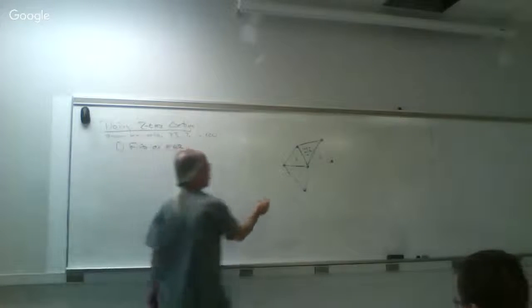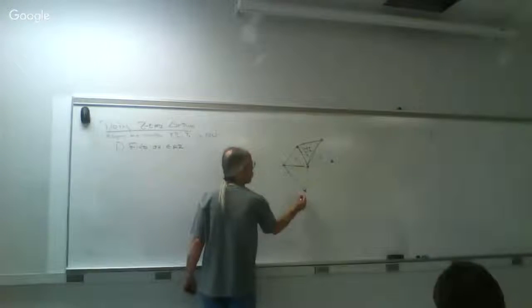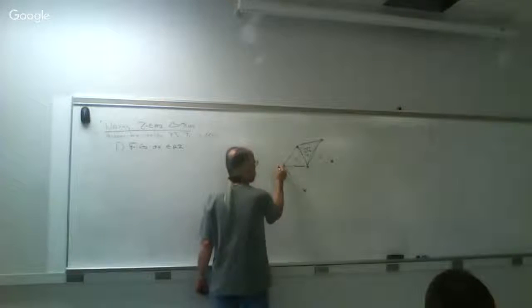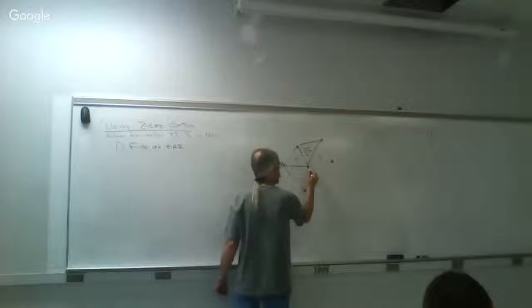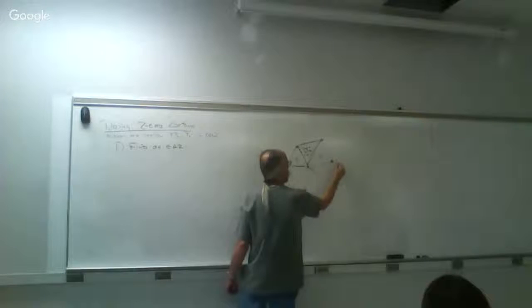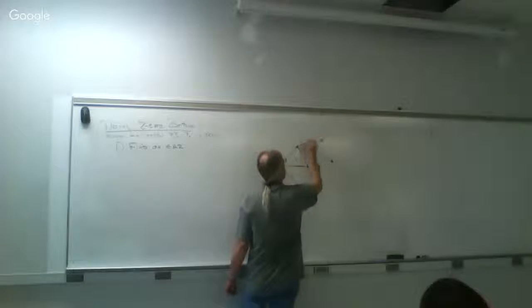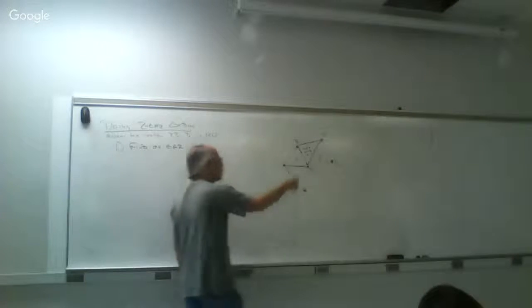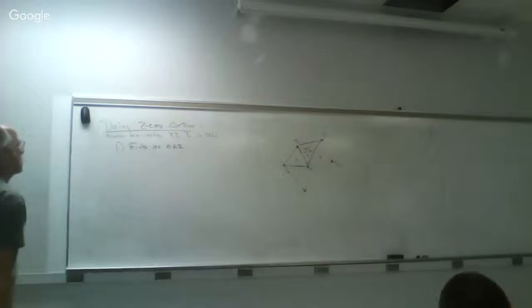So that would be like P1, P2, P3, P4, P5, and P6, moving around it in counterclockwise order.